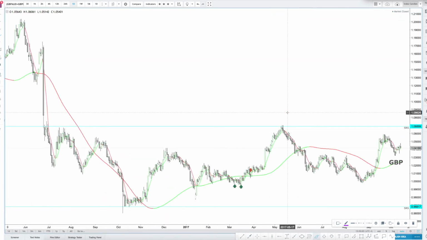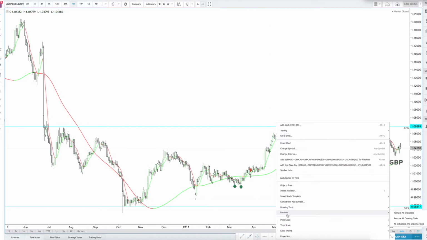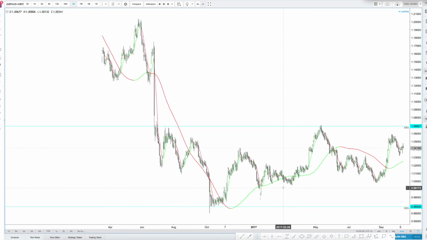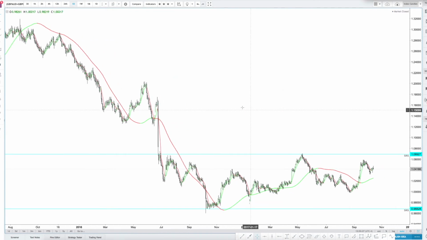Right. So long term, let's see. So we got this low here, and we got this high. Right. So British pound's been kind of in this flat channel ever since the big decline.